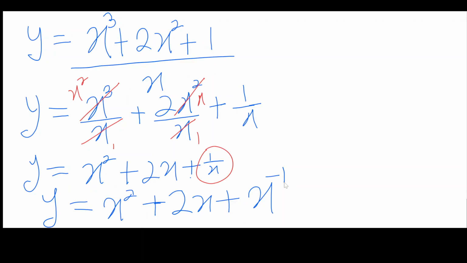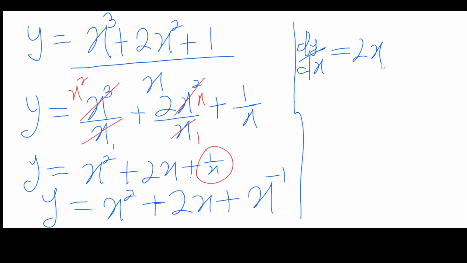Now let's get the differentiation done. So dy/dx equals, then I'm going to be writing 2x, because we're going to be multiplying the power by the coefficient.